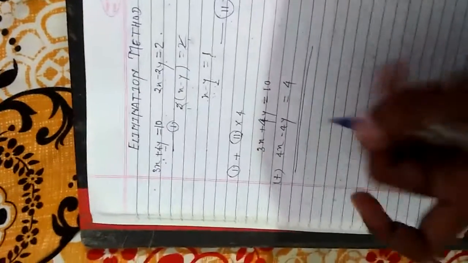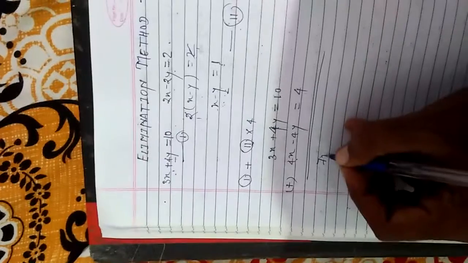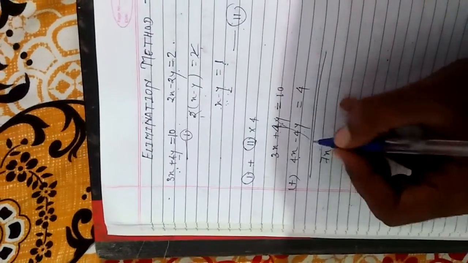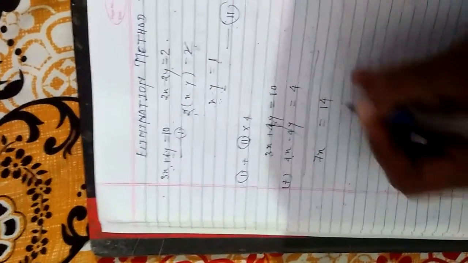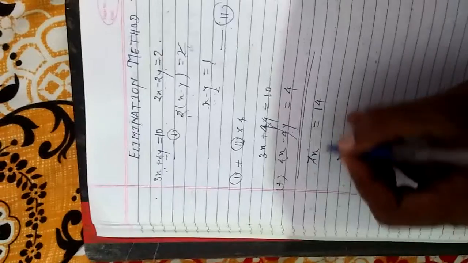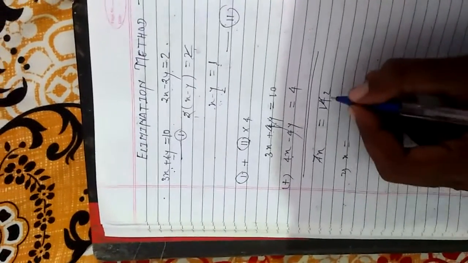Okay, fine. So 3x plus 4x, that means 7x, and this 4y and this minus 4y cancel. Okay, and 10 plus 4, that means 14. Okay, so 7 ones are 7 and 7 twos are 14, that means we will get x equals 2.